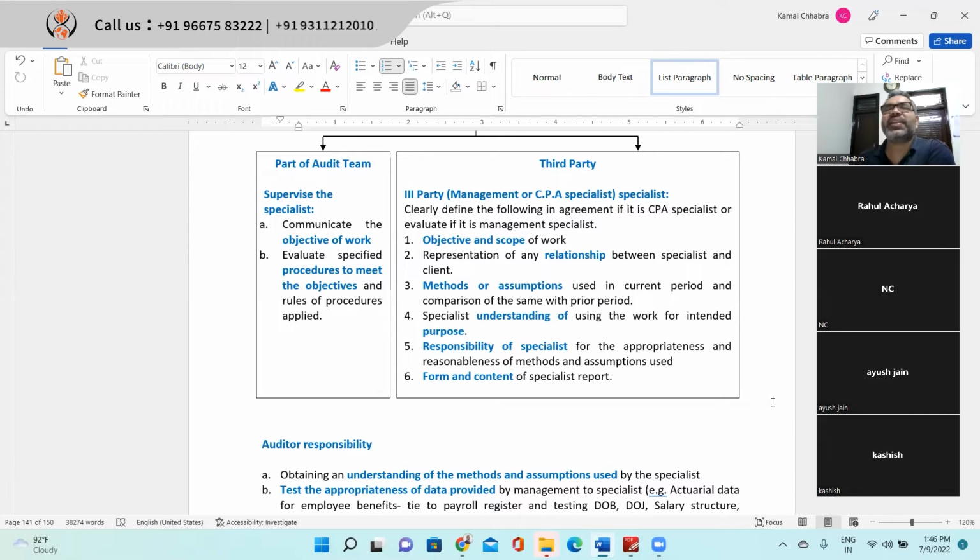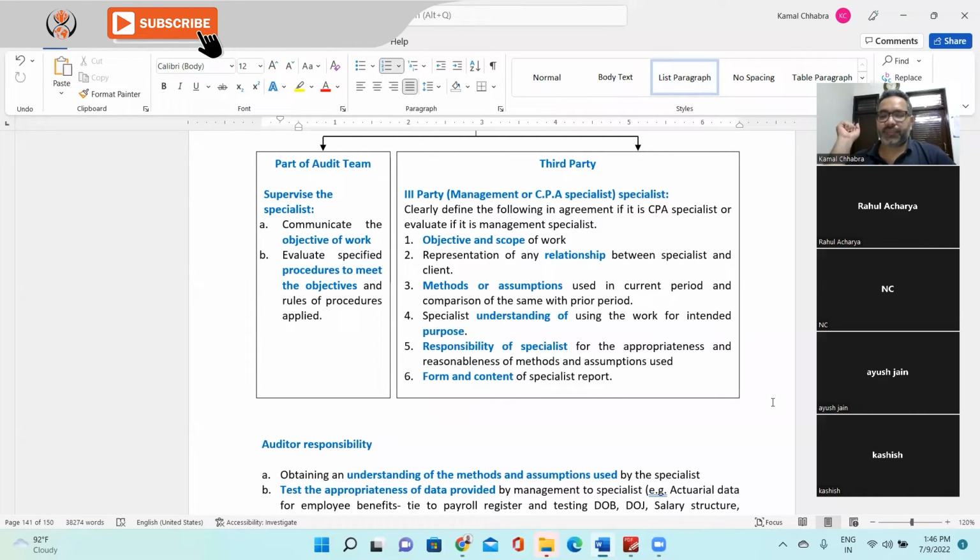So how specialists understand and evaluate the reasonableness of the method they are using and the assumption they are considering for the respective calculation. And the last one is form and content of the specialist report, how they will be reporting to the management or to the auditor. So these all things you need to understand when you are involving third party specialist. Make sense?